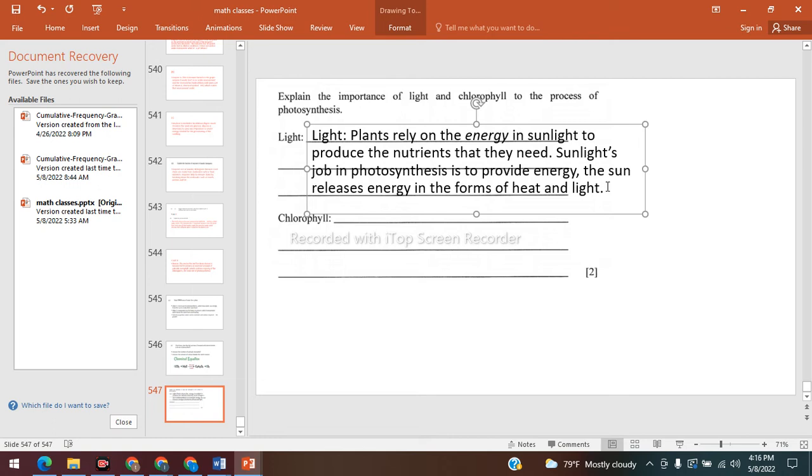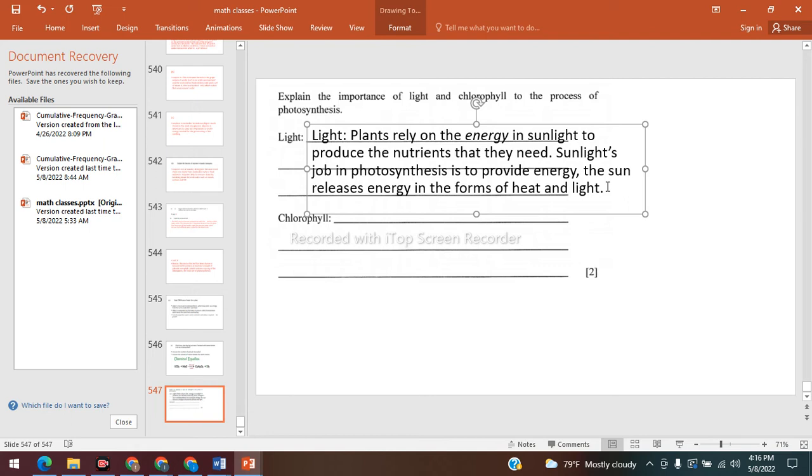So why do plants need chlorophyll though? We know that plants need the light to produce energy.